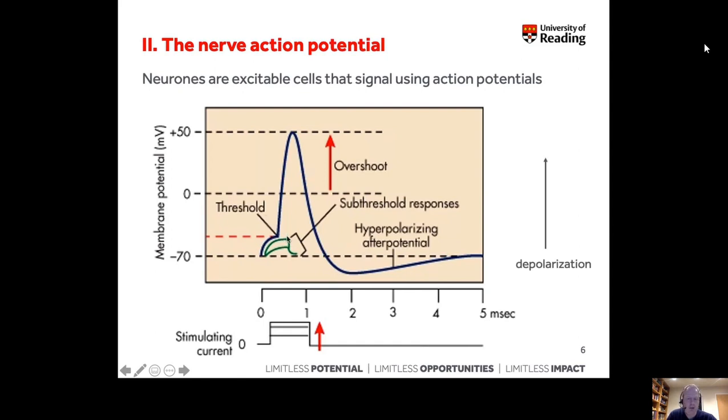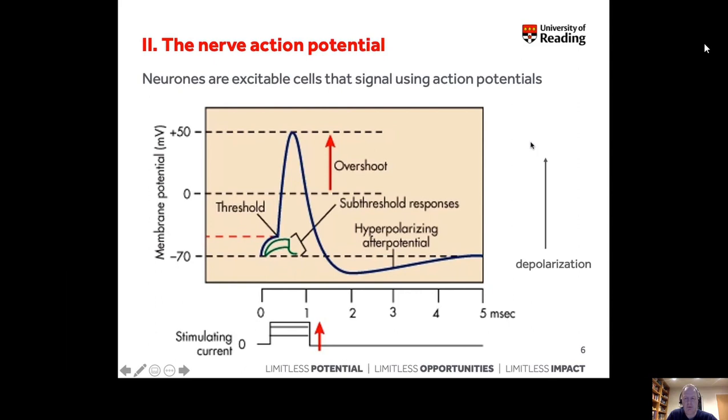If we go from -70 up towards 0 and plus 50 millivolts, that's called a depolarization. Conversely, coming back in the other direction is called repolarization, sometimes called a hyperpolarization. So if you see hyperpolarization, it's just another name for repolarization.